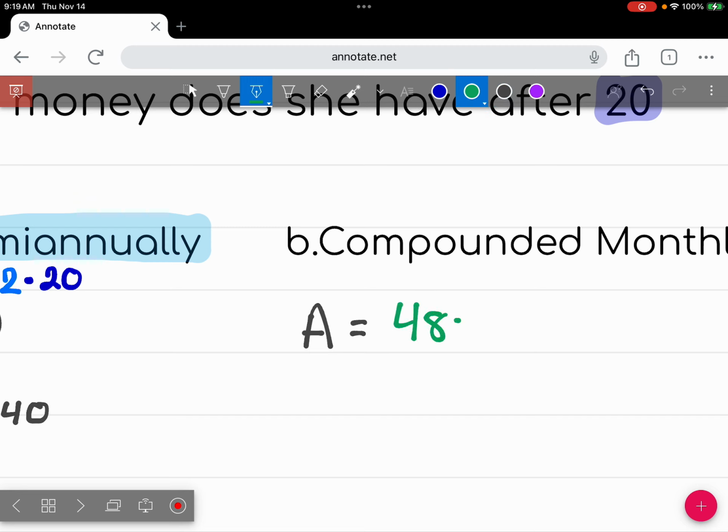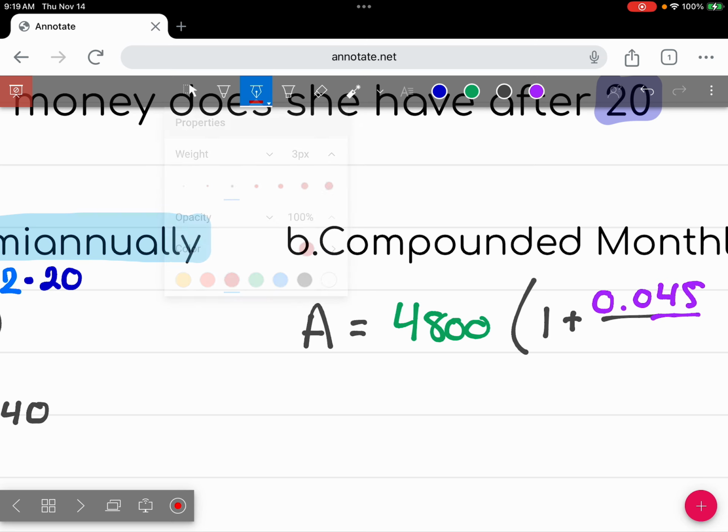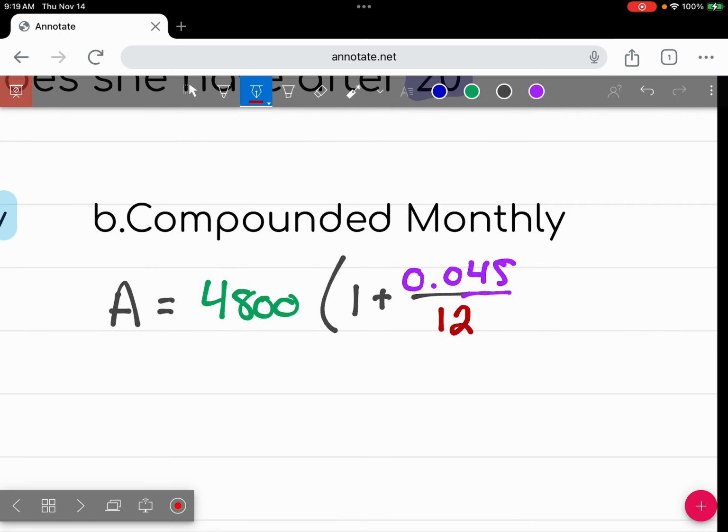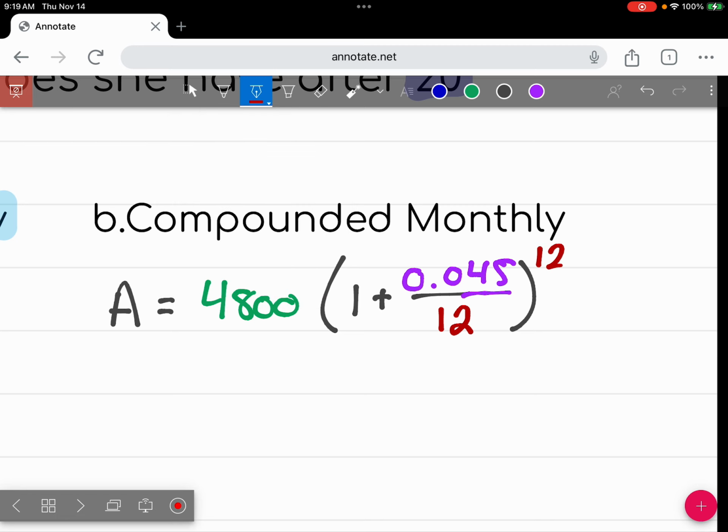We're starting with the same $4,800, we have our 1 plus, and our same rate of 0.045. It's just that our compounding factor, instead of being a 2, is 12. So we're going to have now 12 times 20.